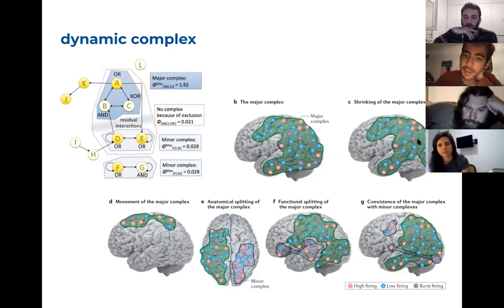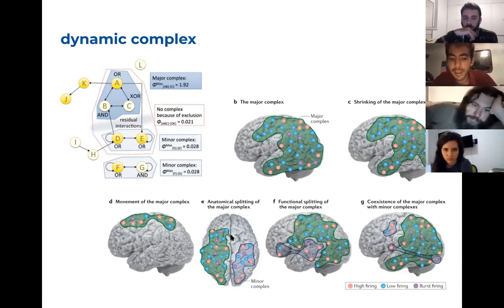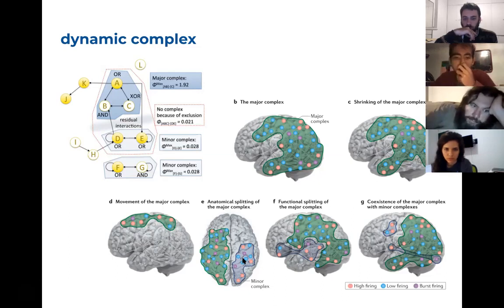And suddenly you start to engage in abstract thinking, and then you are less conscious of the surroundings, and maybe this complex moves to another place and maybe shrinks a little. You could also conceive that there are functional splits, like if you listen to music while you're driving, it's conceivable that there's a split in integrating information, so you have two complexes.